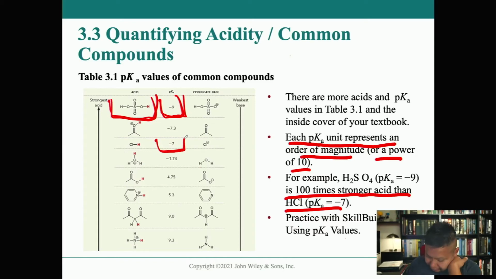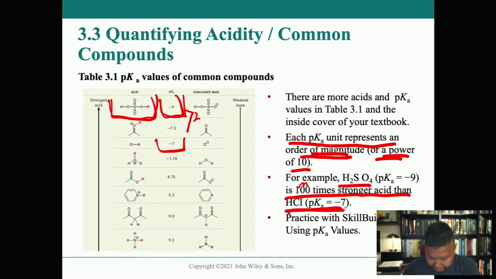Which makes sense, right? Because if we're talking about orders of magnitude or powers of 10, how many units is between hydrochloric acid and sulfuric acid, right? There's 2. From here to here, there's 2 pKa units, which means there are 2 zeros, because every power of 10 means a 0, right? And therefore, sulfuric acid is 100 times stronger than hydrochloric acid.